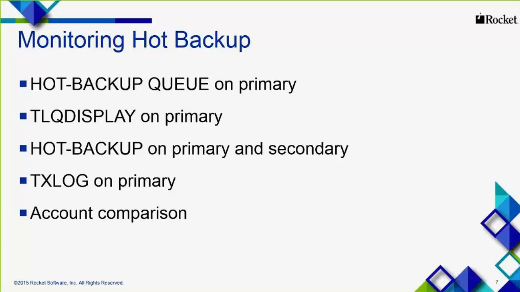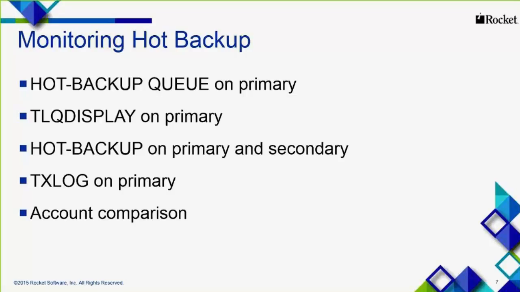There is a queue limit you can set in Hot Backup to prevent that. Second, all these transactions are queued up on the primary, so if that primary fails, anything in the queue that has not been sent over to the secondary system is going to be a lost transaction. So there may be some transactions that you lose.